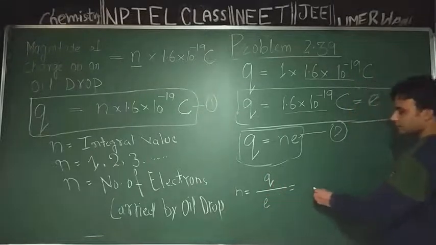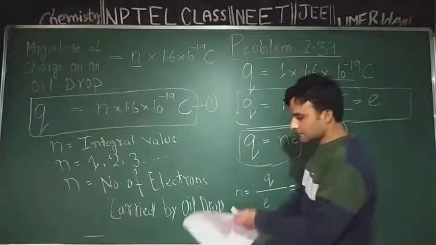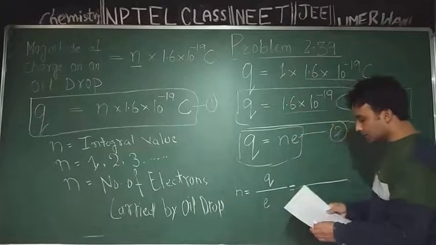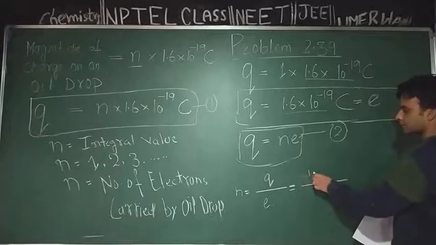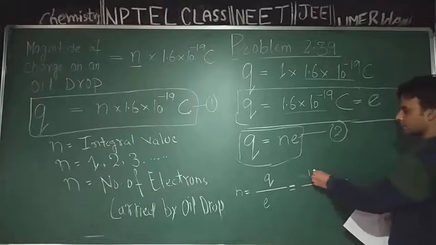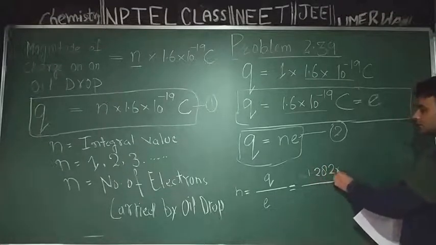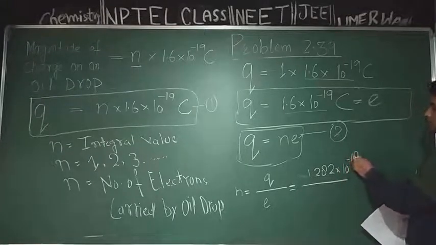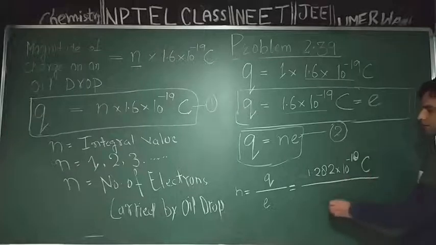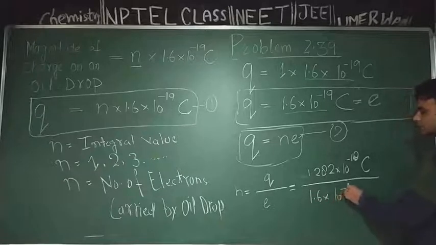Now Q is the magnitude of charge carried by the oil drop. In the problem it is given that the magnitude of charge carried by the oil drop is 1.282 into 10 to the power minus 18 coulombs. I am not interested in sign, magnitude only. And the magnitude of charge carried by 1 electron is 1.6 into 10 to the power minus 19 coulombs.